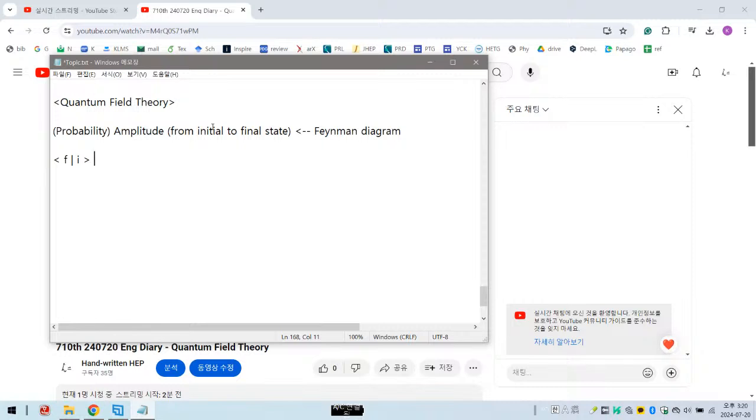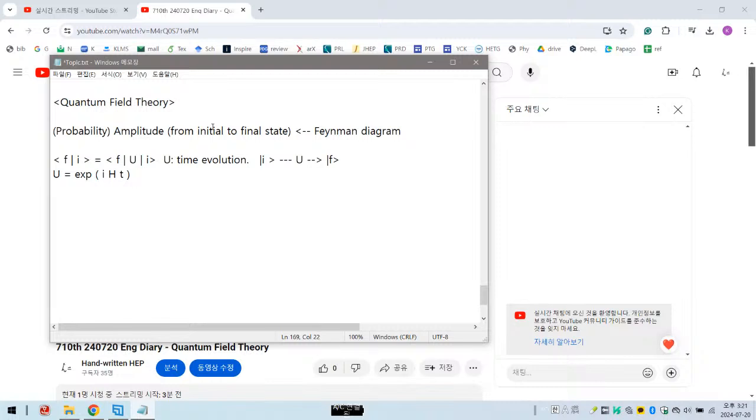And we can expand this order by order. There is a time evolution operator U: an initial state is prepared, it evolves through the time evolution, and eventually it reaches the final state. Such a time evolution is described by the exponential of iHt, where H is the Hamiltonian. This is the language of quantum mechanics.